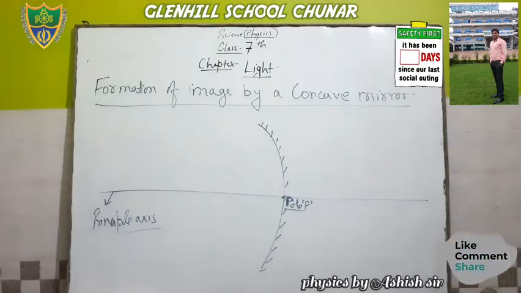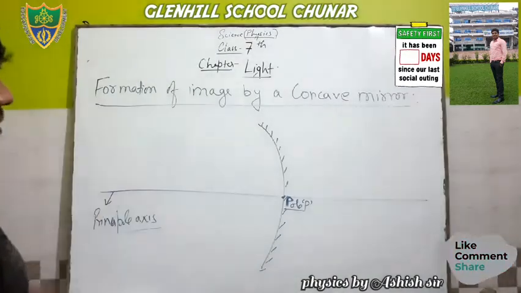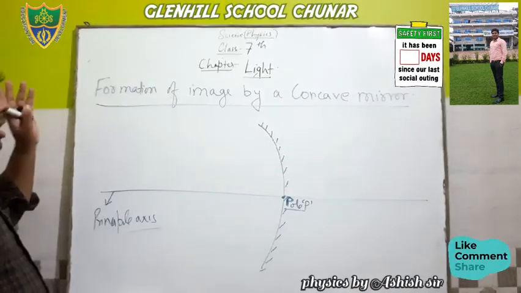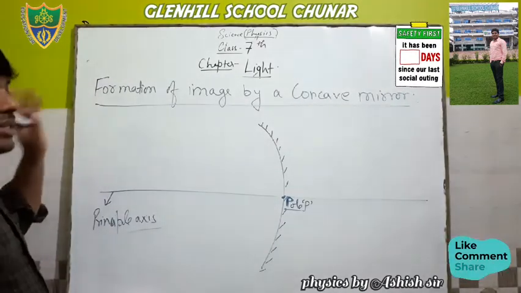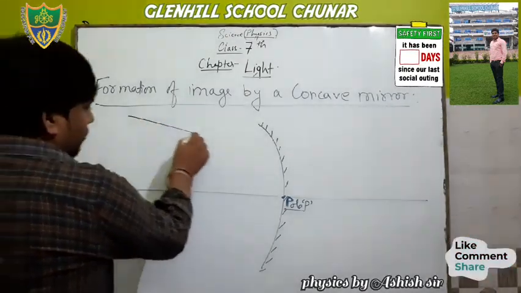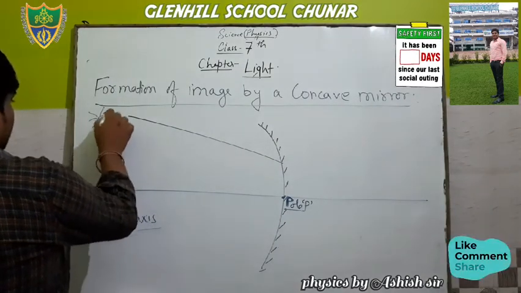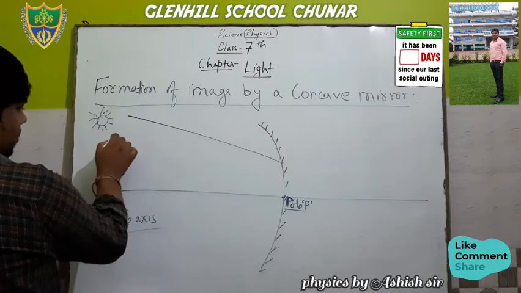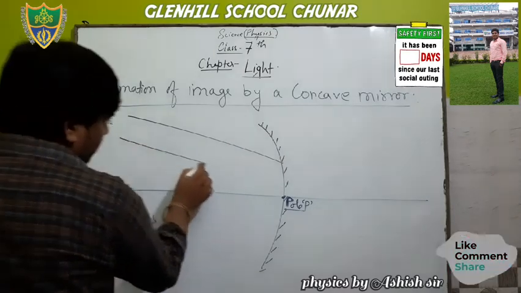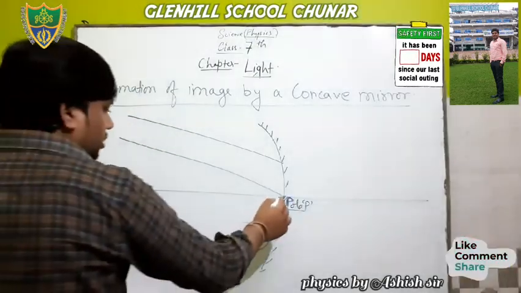Okay, and the rays of light which are coming from very far away act like a parallel beam of light. Suppose the light which is coming from the sun, it comes like a parallel beam of light, and after striking the mirror, it goes like this.